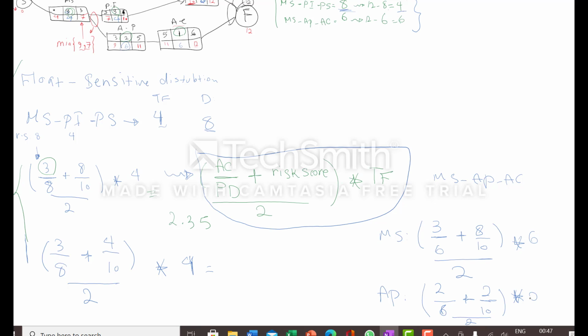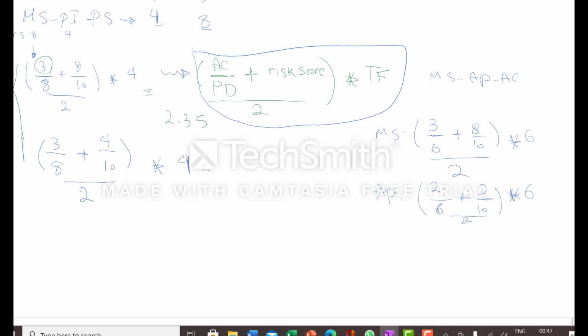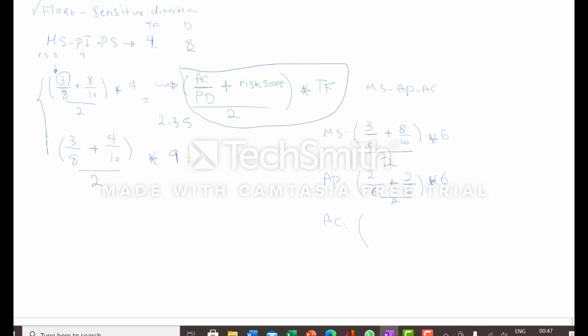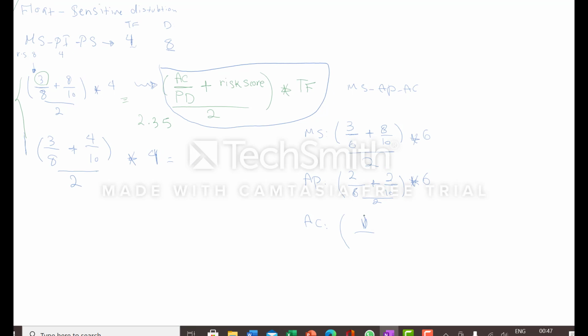And for the activity AC, the duration is 1. The duration of path is 6 plus the risk score is 2. This is 3.9, this is 1.6, and this is 1.1.